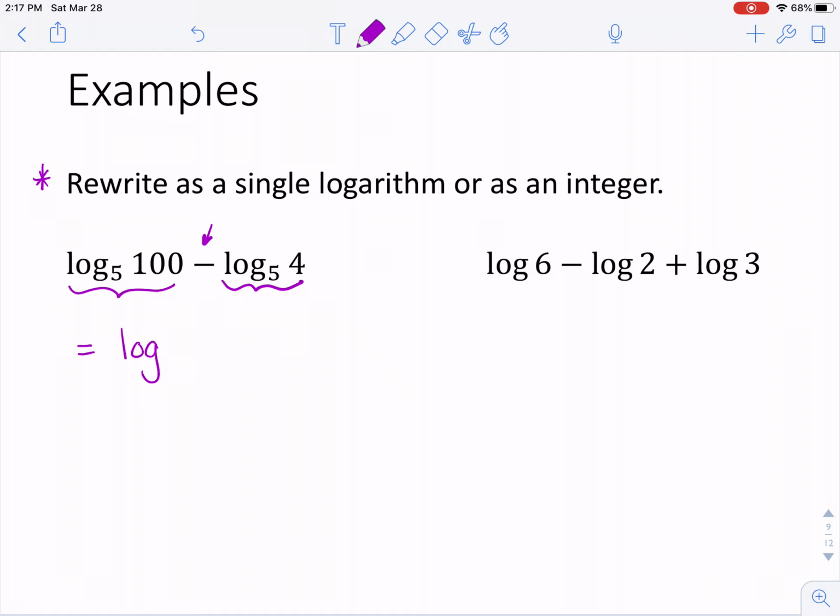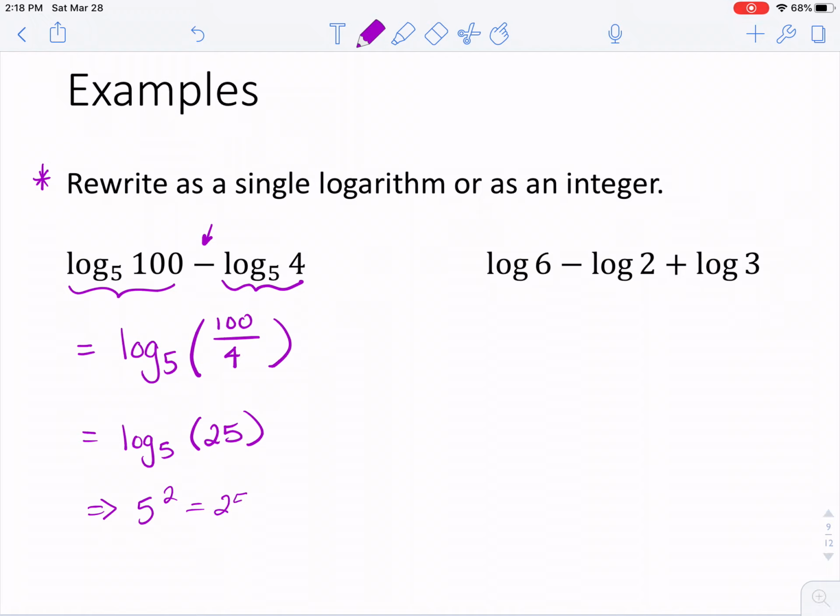So log base 5 of 100 divided by 4, which is log base 5 of 25. Now, 5 and 25 have a relationship. In fact, 5 squared is equal to 25. Therefore, the log of 25, base 5, is equal to 2.